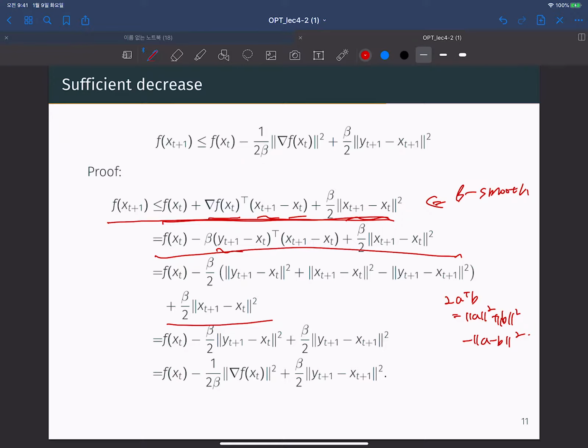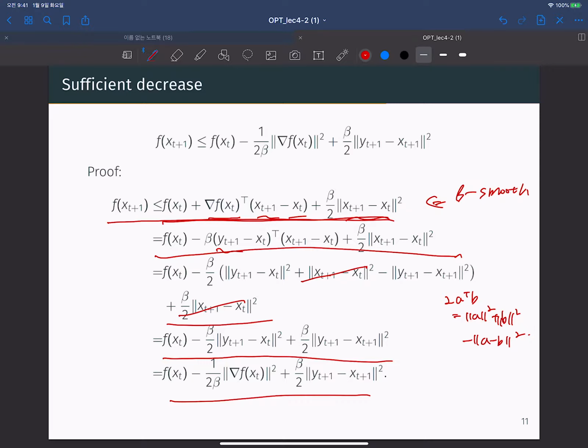And this line, I just rewrite the previous line by subtracting this term and this term, because they are the same. And in this line I just use the definition of y_{t+1} minus x_t.